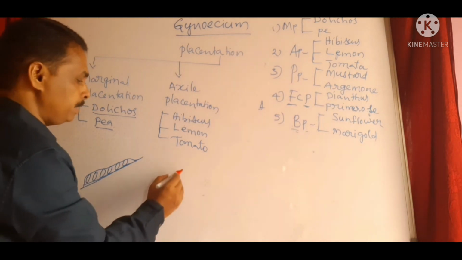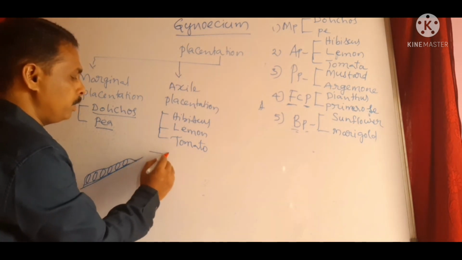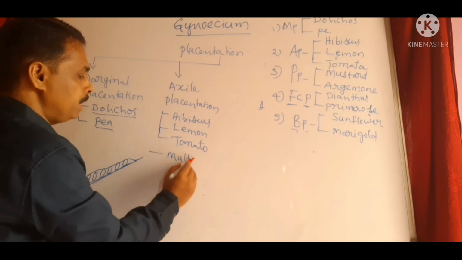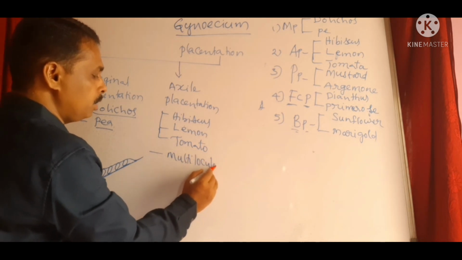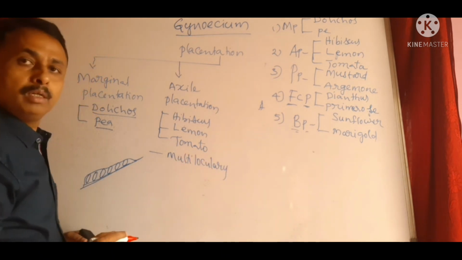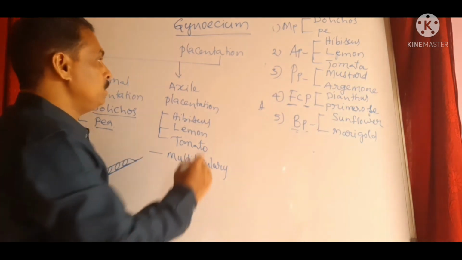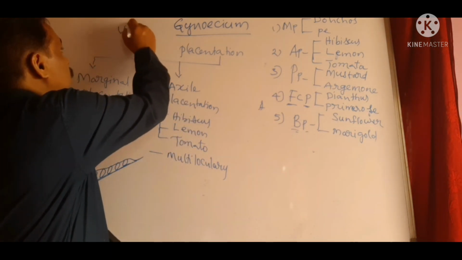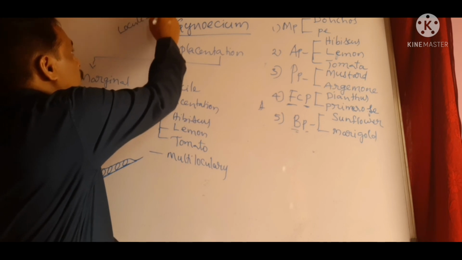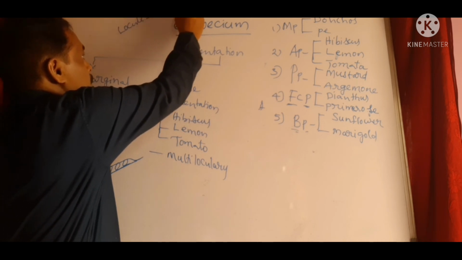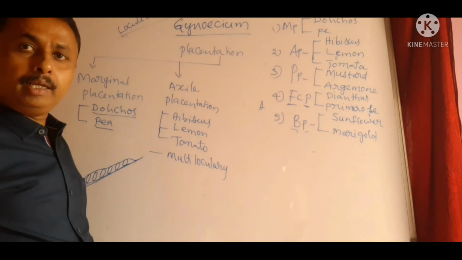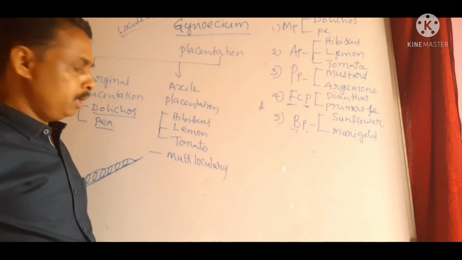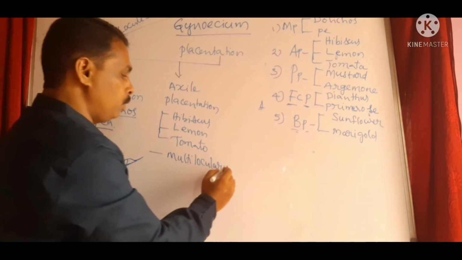Axial placentation means it occurs in a multilocular ovary. Locule means chamber. There are multiple chambers present in the ovary. That's why it is called a multilocular ovary.